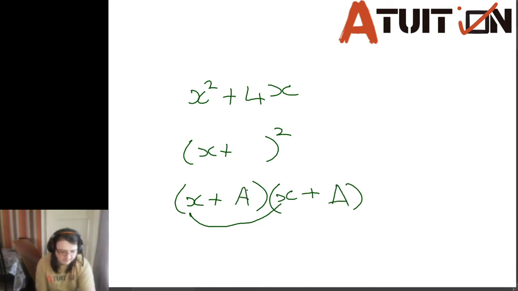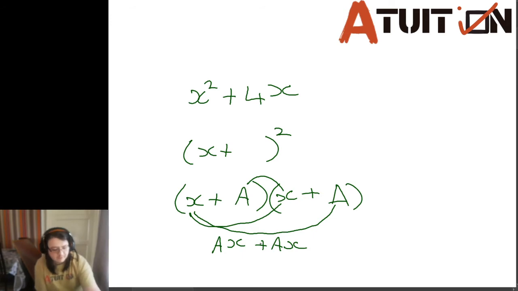So we've got ax there, and then we'd have this x times this a for another ax. So that would just be 2ax. So we've got x times x for x squared, and then x times a and a times x for 2ax, and then a times a for a squared.